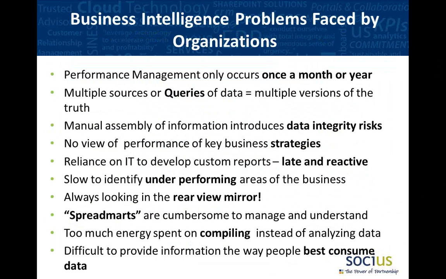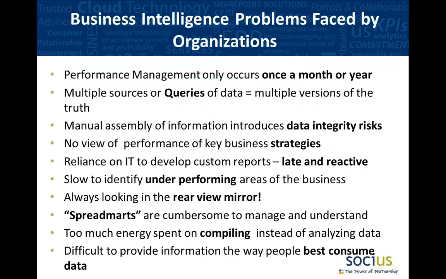So the next area we're going to talk about is what problems organizations face today. We look at some of the hurdles for adoption that we see with the companies we work with. One of the big ones is that performance management or reporting only happens once a month, and in some organizations once a year. That's not enough, in our opinion, to quickly pivot and make changes in your business.